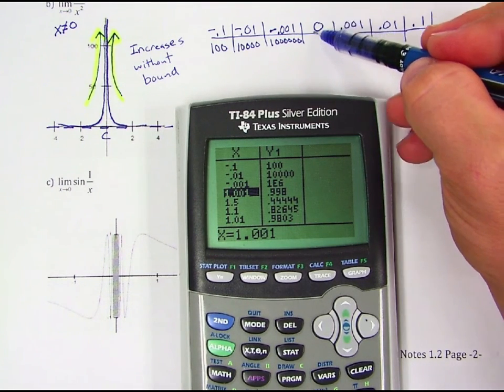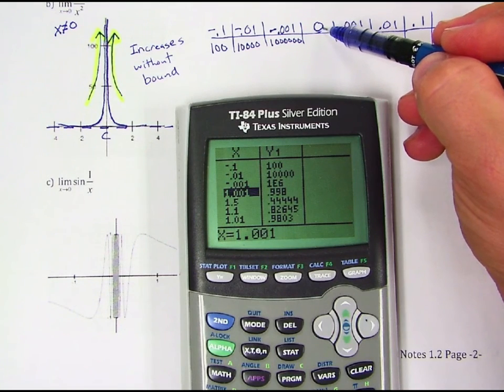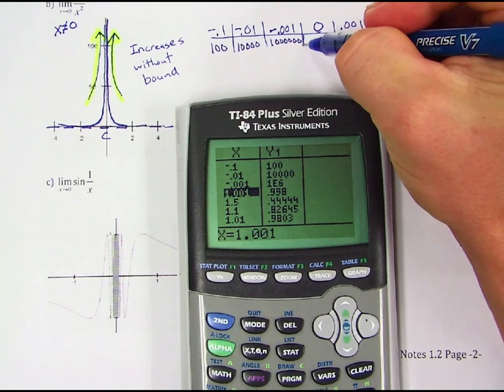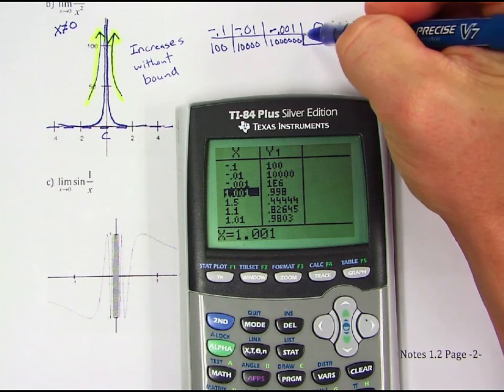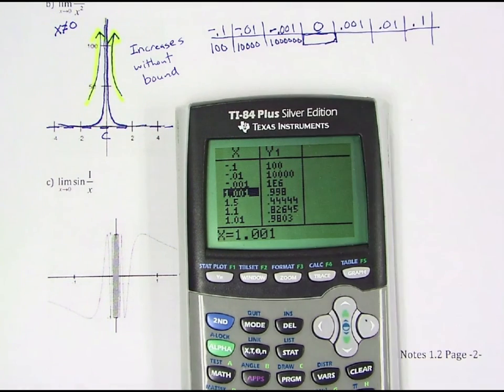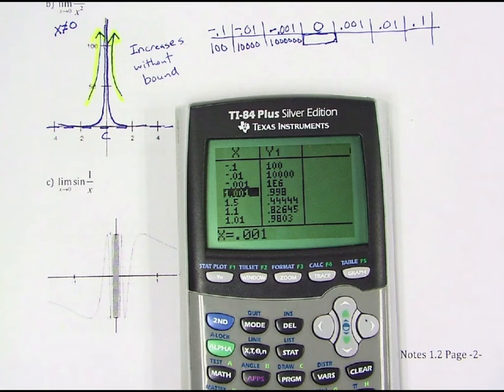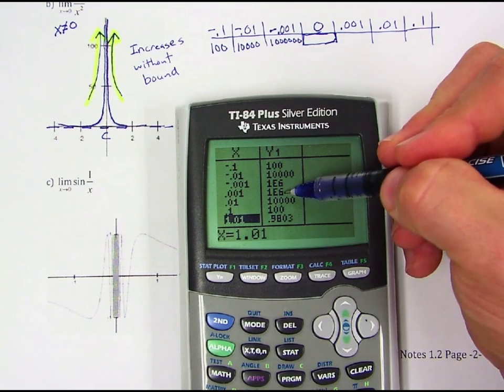Now, will we ever get to 0? Okay, we said no, we won't, because it's x over 0. However, that is not what causes this limit not to exist. Okay, we'll move on to the right side here. 0.001, 0.01, and 0.1. Now we get 1e6 again.